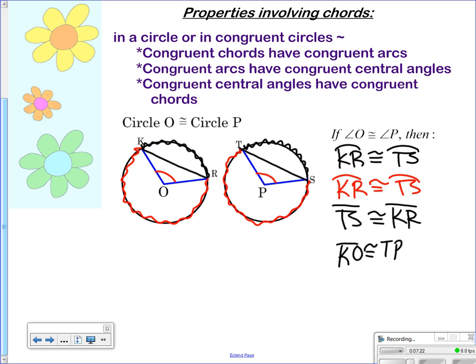TP. And actually we can keep going because every radius should be the same length. So that should also be congruent to OR because that's also a radius. And that's also congruent to what? PS. Every radius is going to be the same length, no matter where you draw it, no matter what circle it's on. Okay.